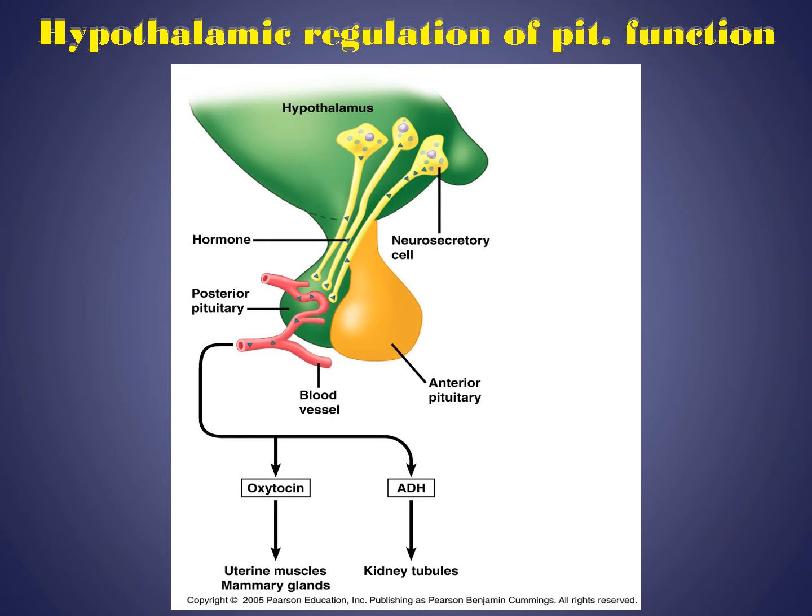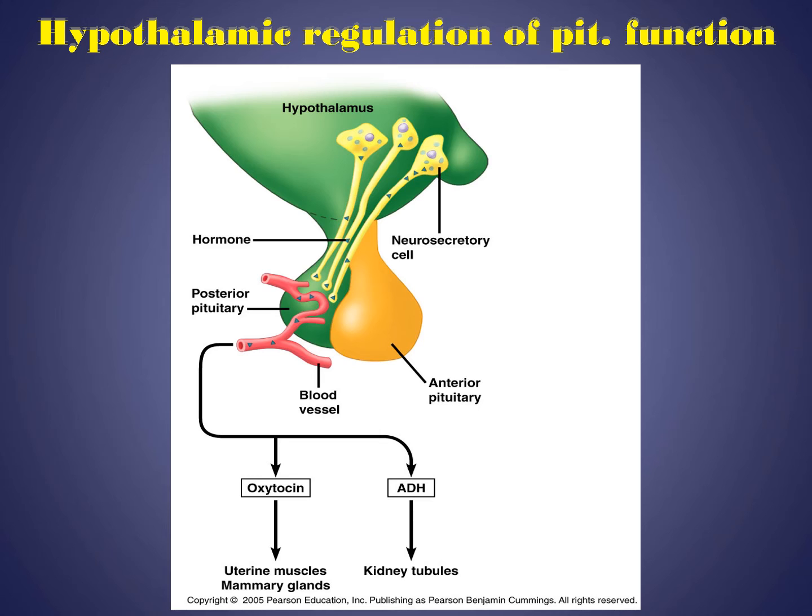This is another figure that clarifies the connection between the hypothalamus and the posterior pituitary. As we said, it's a neurological connection. The nerve cell bodies present in the hypothalamus are responsible for synthesizing the antidiuretic hormone and oxytocin hormone. These hormones pass along the axon through the pituitary stalk and end in nerve terminal endings in the posterior pituitary to be stored there.